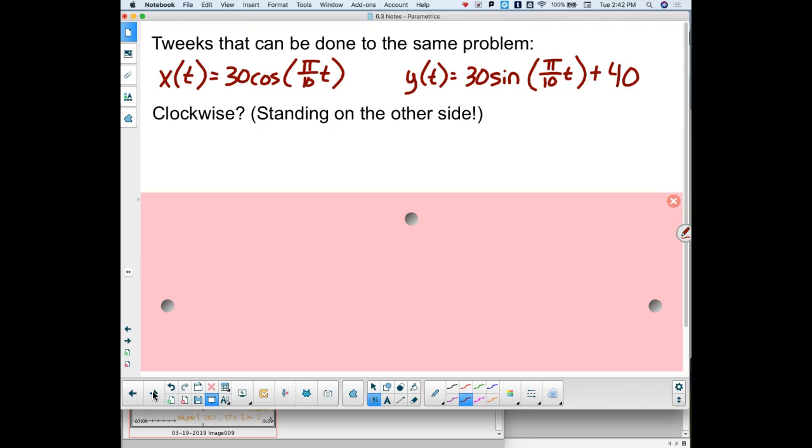What tweak? Anybody know? Negative t. Not negative t. Oh, negative coefficient of t. So a negative b value, right? So if your direction states that you're going in a clockwise direction, your b value has to be negative.